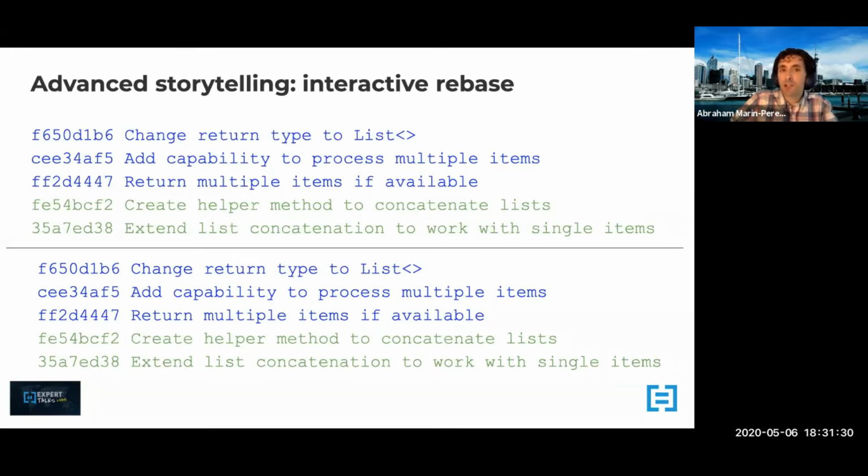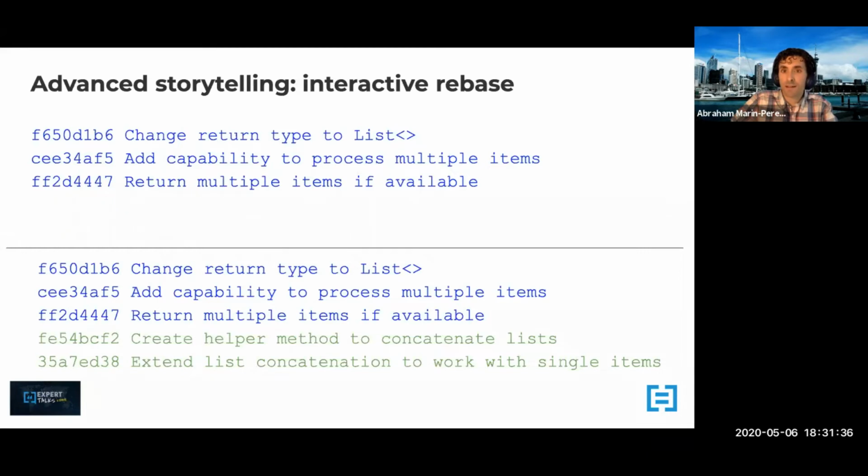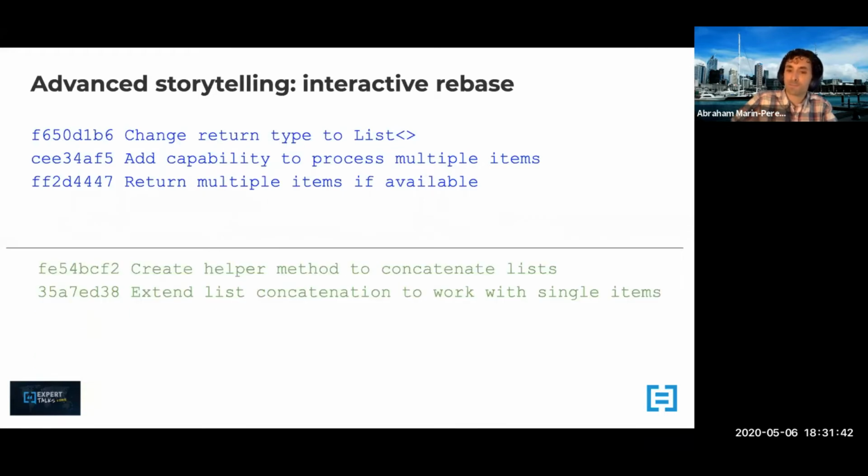And now again, using interactive rebase, I can go to the first branch, get those commits, and just delete them. And then I can go to the second branch, get those commits, and just delete them. And now I have two independent pull requests, each of them with the changes that I want. And I can raise these two independently. And I am achieving my objective of having one pull request for the main theme and another pull request for some refactoring and improvements.